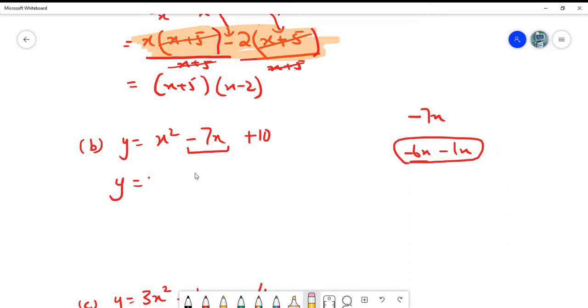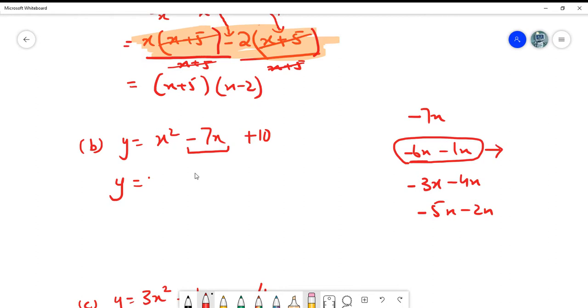This is one possibility. Another possibility that comes to my mind is minus 3x minus 4x. Yet another possibility could be minus 5x minus 2x, and there are a lot more. Now let's see which combination works for us in this particular case.